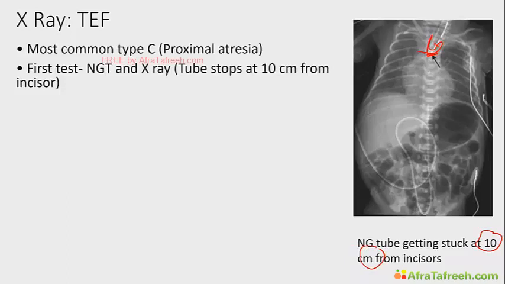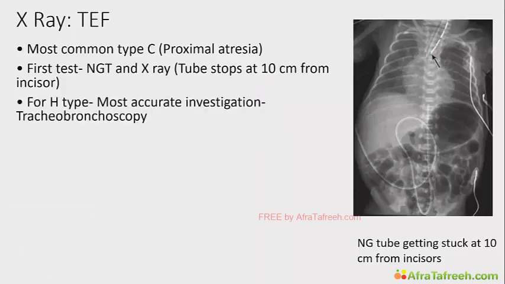Where does the tube get stuck? It's a line from Love and Bailey, so that's why this becomes an MCQ. It gets stuck 10 centimeter from the incisors. And once the tube is stuck here, you cannot push it beyond this, or it gets coiled up. You suspect this is proximal atresia and distal fistula. This is the first investigation we order. Then you can order contrast. In H type, type E, the tube will go into the stomach because there is a connection.